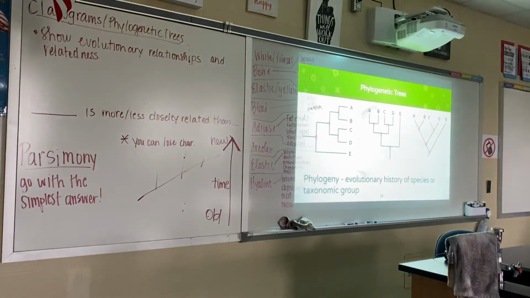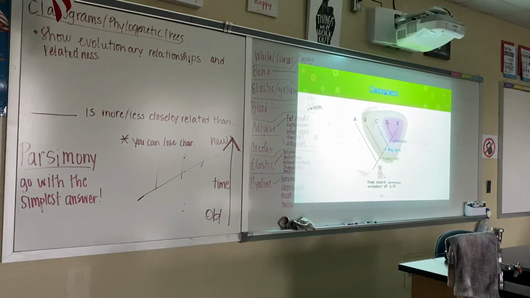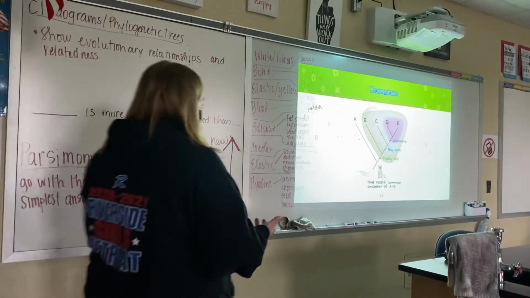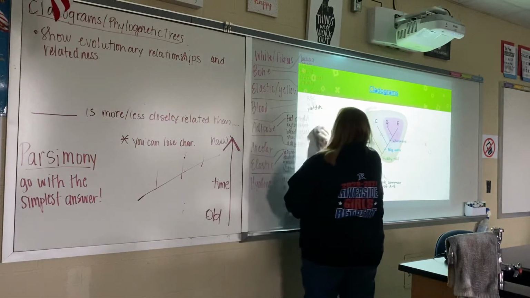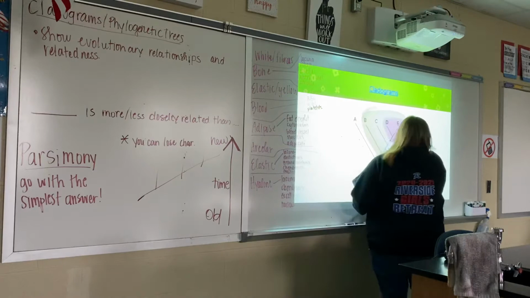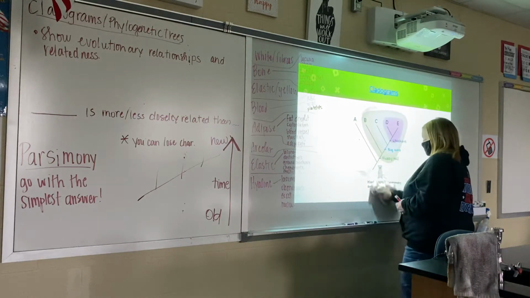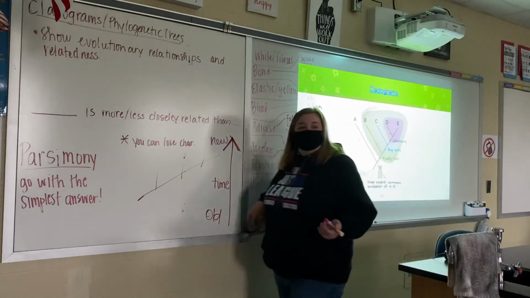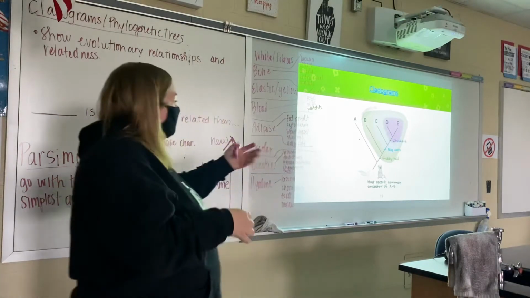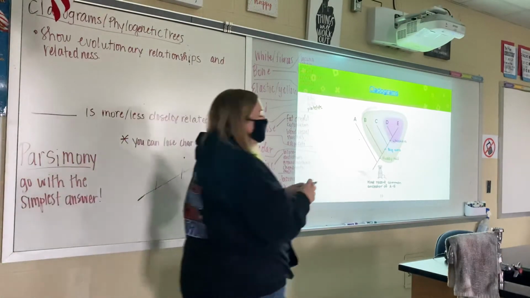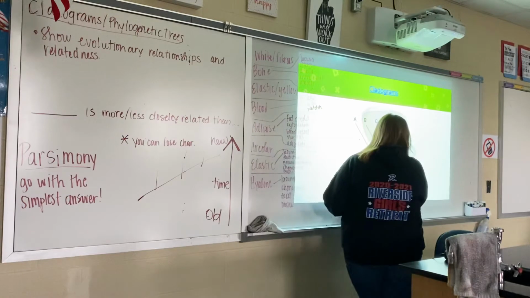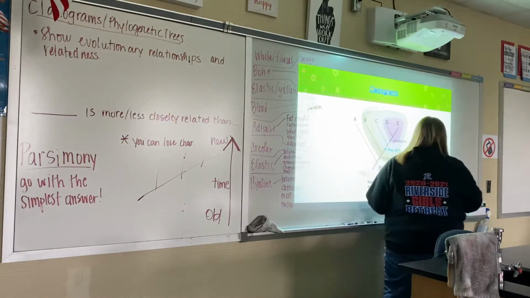So, a fun little snapshot I stole from an Amoeba Sisters video does a really good job of explaining what characteristics something has in a cladogram. Imagine a cladogram as one big major highway. Here's your highway, we'll call it 235.